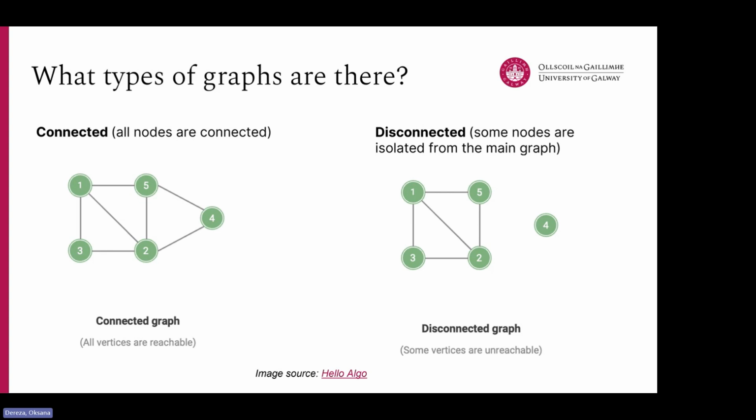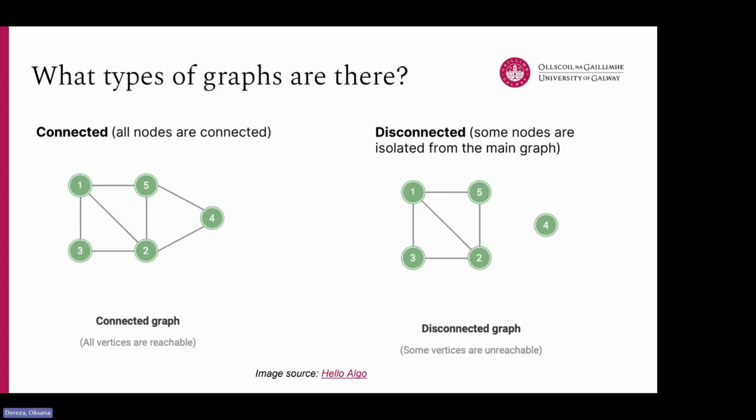Then graphs can be connected or disconnected. In a connected graph, all nodes are a part of the main graph. No, that's a bad definition. So all of the nodes are connected, and no node or a cluster of nodes is somewhere left astray. While in a disconnected graph, some nodes can be isolated from the main graph.